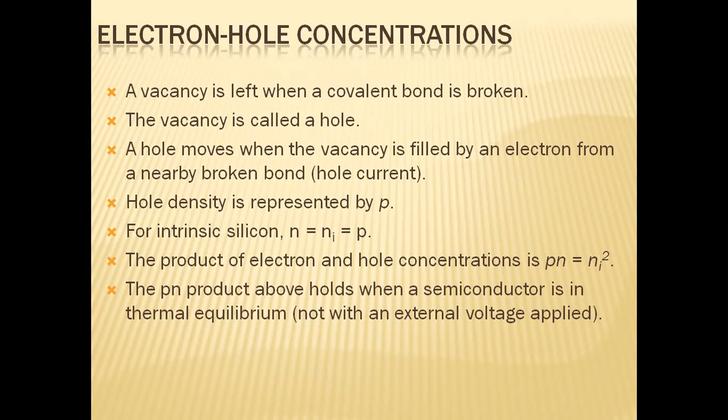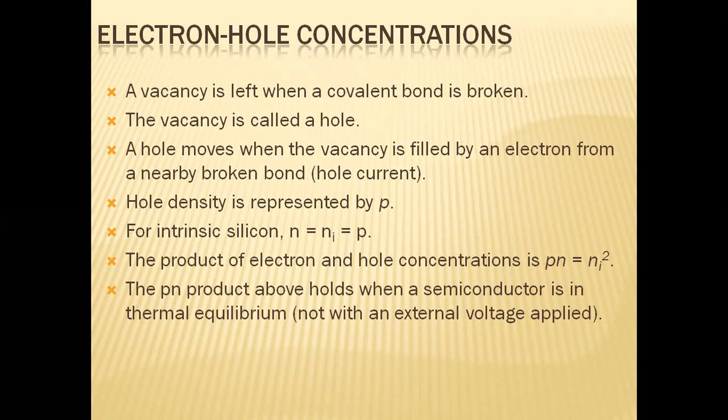Coming to the vacancy, it is a hole. It accepts the electrons. When a bond is broken nearby, it holds the current, and that valency is filled by an electron from a nearby broken bond, and hence its density is represented by P.